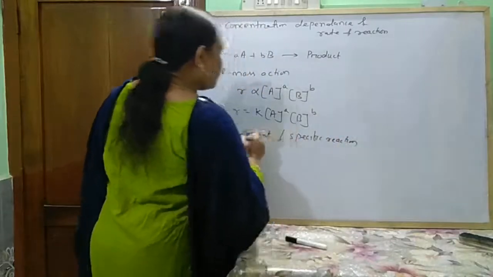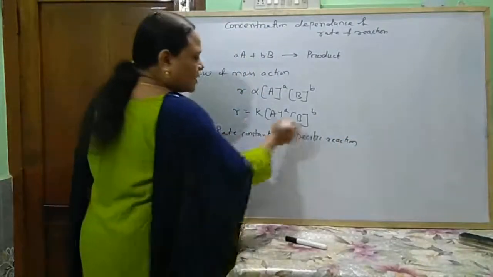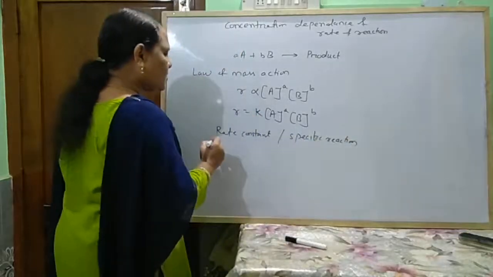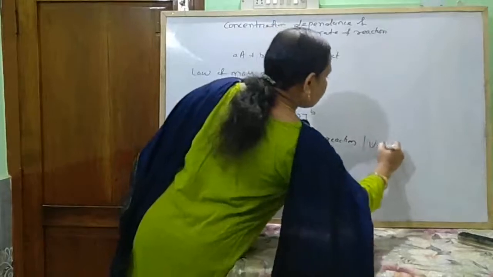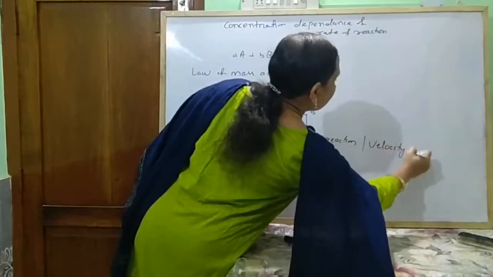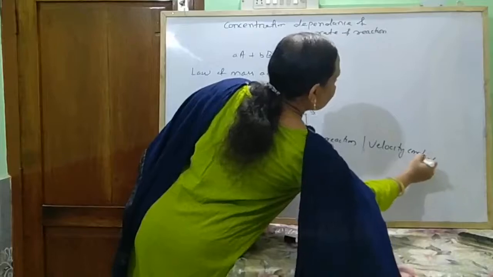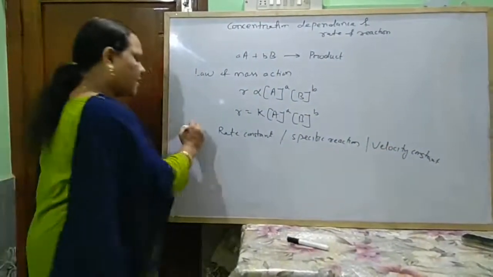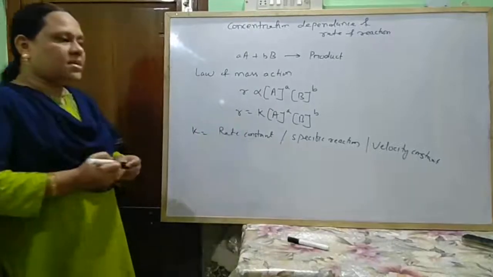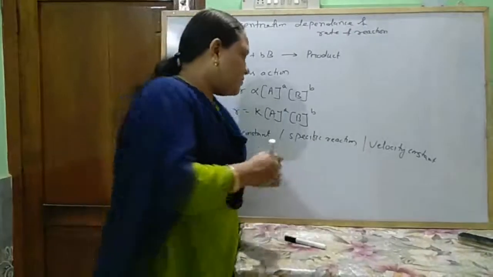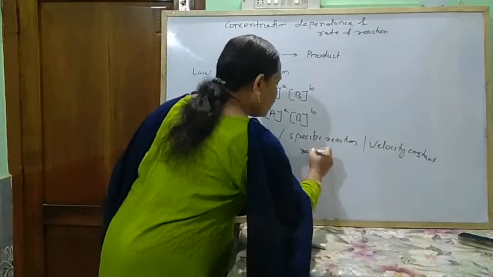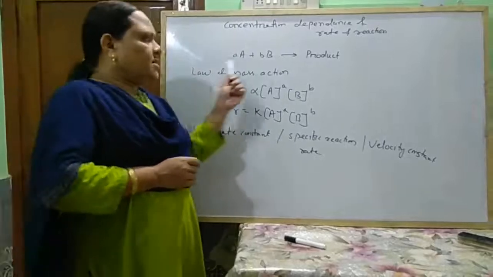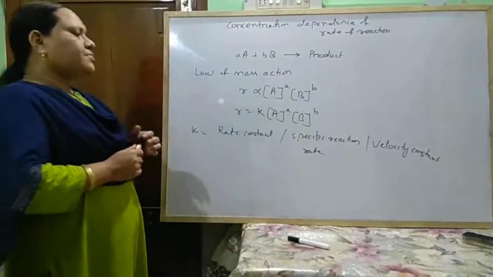This k is a proportionality constant, known as the rate constant or specific reaction rate, also called the velocity constant. So this k is called either rate constant, specific reaction rate, or velocity constant. Okay, so you know this from the law of mass action.